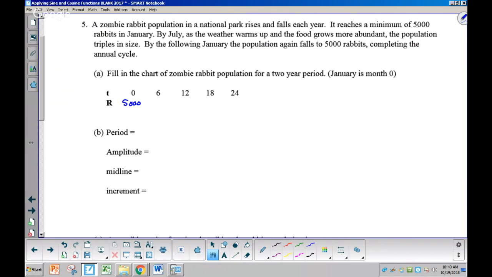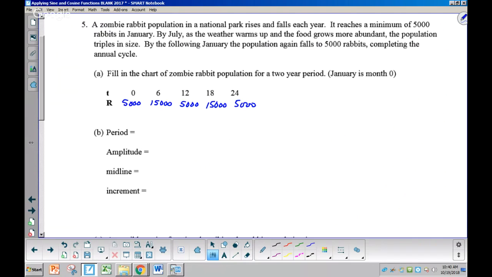The population triples in size. So if it triples in size, it goes from 5,000 to 15,000. And then the following January, they die off again, and we have 5,000, and then 15,000. It repeats itself, and then 5,000.